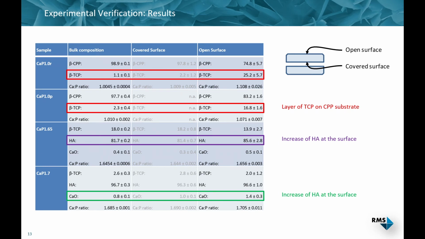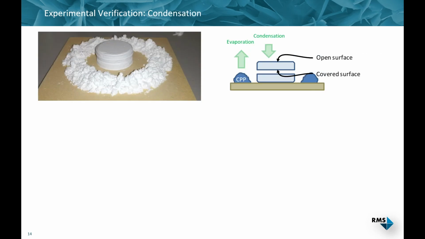A second series of experiments was performed to test whether or not we can provoke condensation on the top surface of the stacked pills. So what we wanted to do was we placed some loose calcium pyrophosphate powder around the stacks.